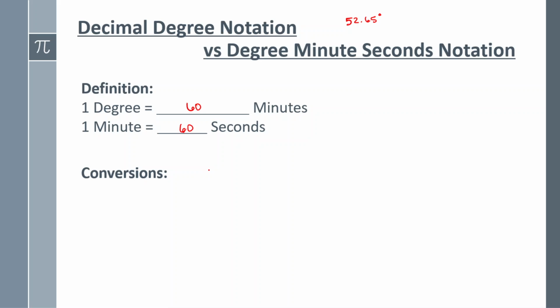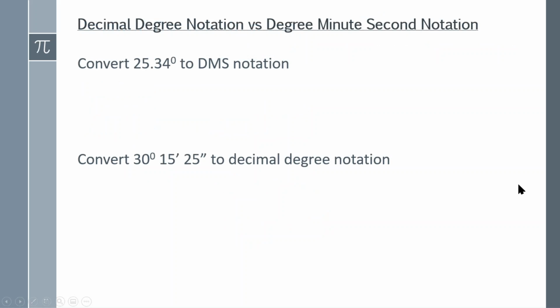So our conversions are that there are 60 minutes in 1 degree, or 60 seconds in 1 minute.